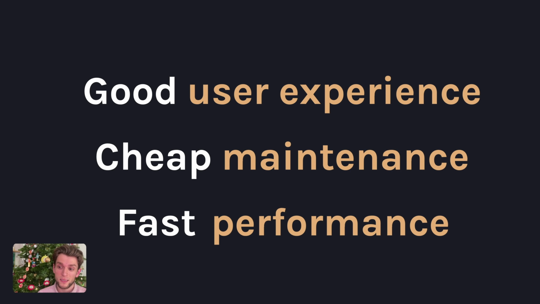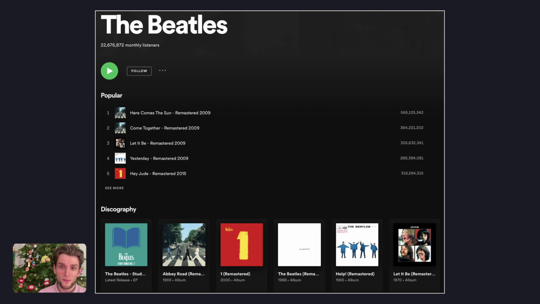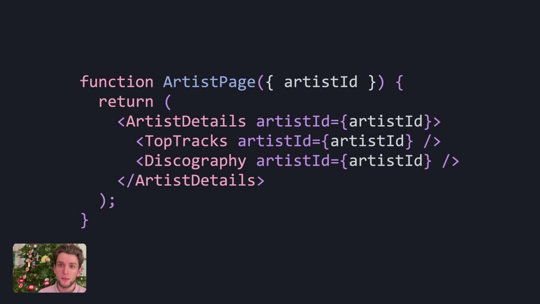So let's see an example. For an example of a good user experience, I'm going to use my favorite app. This is Spotify. I love the way it's made. It has so many small design touches that are very nice. And I'm going to imagine that I'm re-implementing Spotify, which is not realistic.